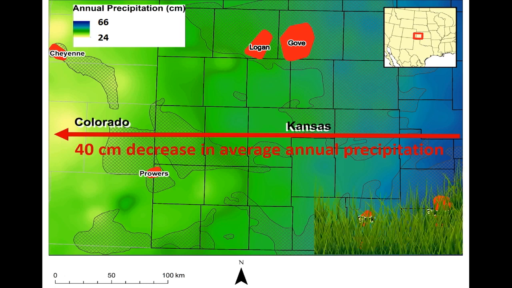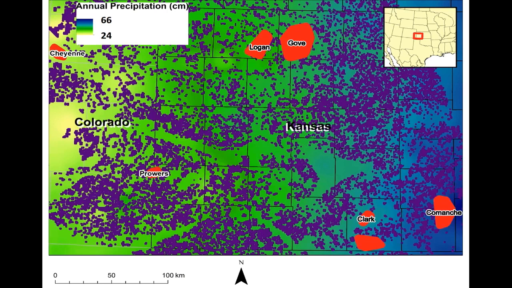But along this gradient in precipitation, we see a transition from mixed grass prairie in the far eastern portions, where we have some taller grass, to short grass prairie in the far western portions. So across this entire gradient, we'd expect that if you place a CRP field along this gradient, it might have a different influence on lesser prairie chickens overall.